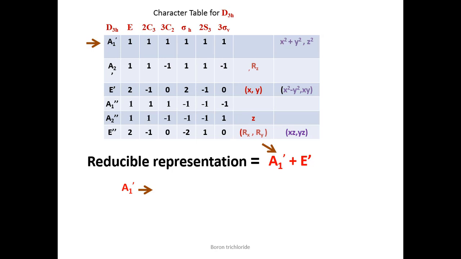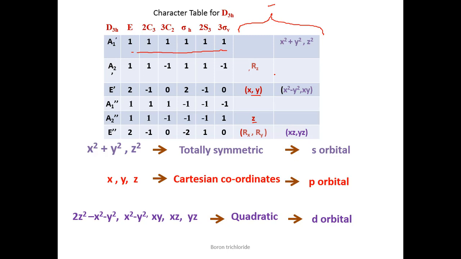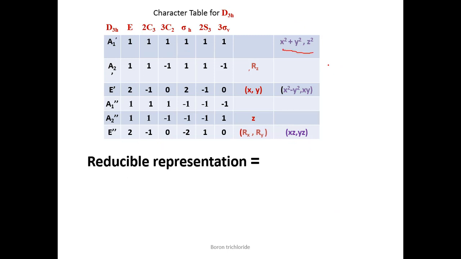What is the letter which you find here? x square plus y square plus z square. It indicates what? x square plus y square plus z square indicates s orbital. So this indicates s orbital.